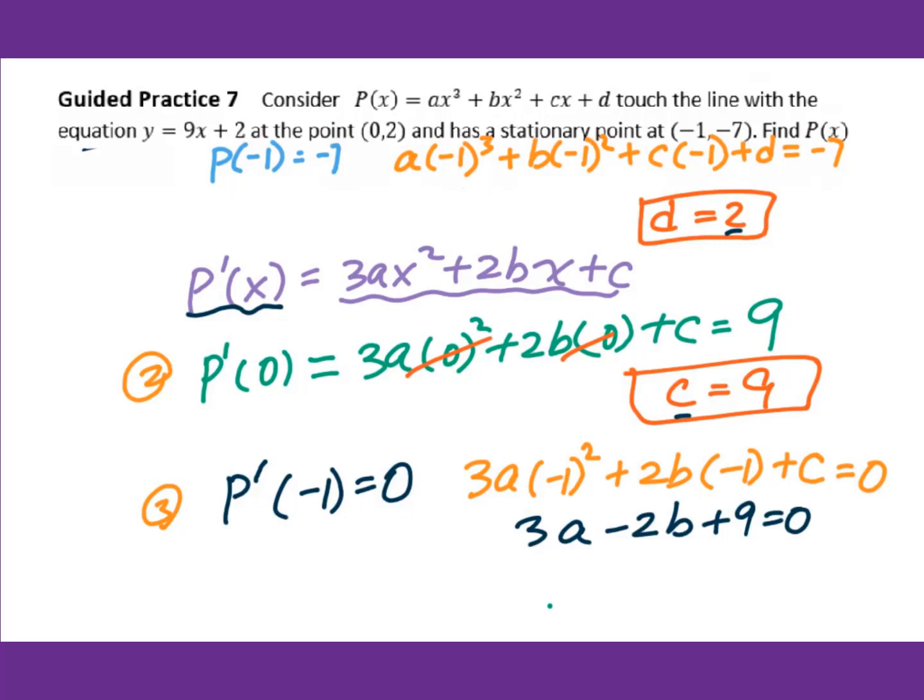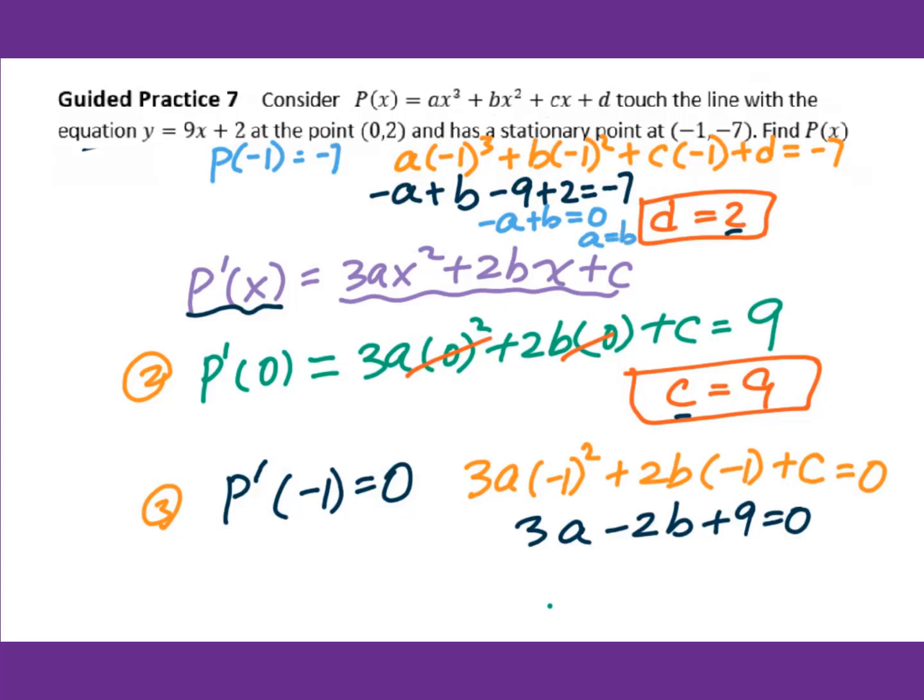You will get -a plus b minus 9 plus 2 equals -7. You will get -a plus b equals 0, which means a equals b.